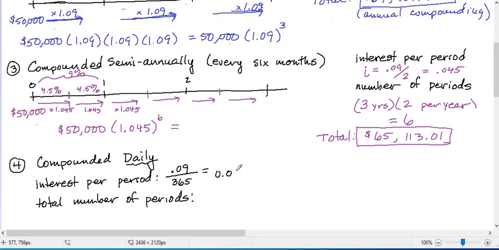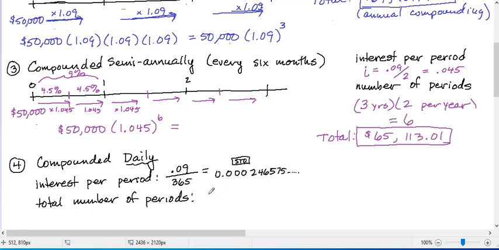Each day's interest rate is 0.000246575, and there are more decimal places, so either store this or use 0.09 over 365, but don't round it off or else your answer is going to come out wrong. Those decimal places all end up mattering a lot.